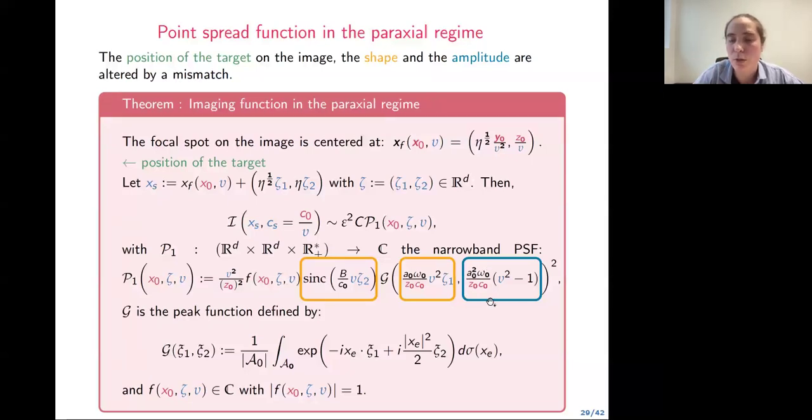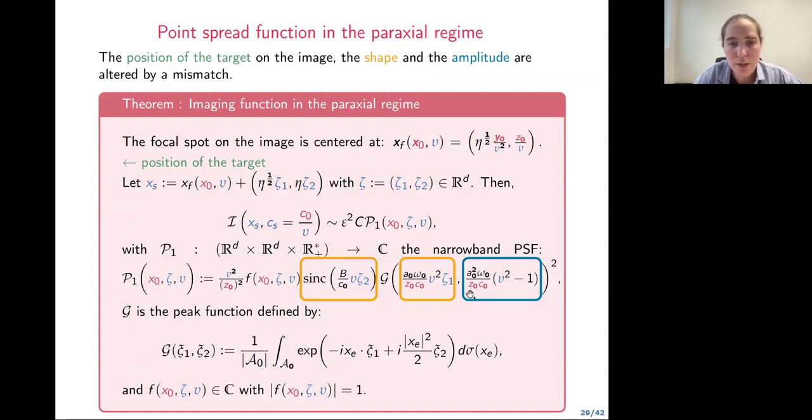So you have the resolution of your imaging system with respect to the speed of sound. And this resolution is given by this, so it depends on C0, Z0, the depth of your reflector, A0 squared, where A0 is the size of the array, and omega 0, the central frequency of your bandwidth.